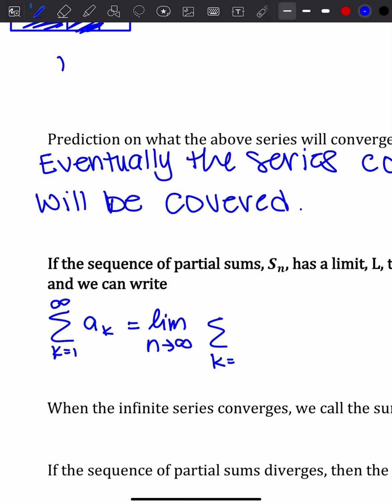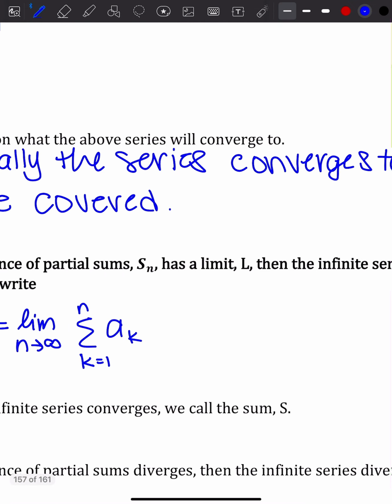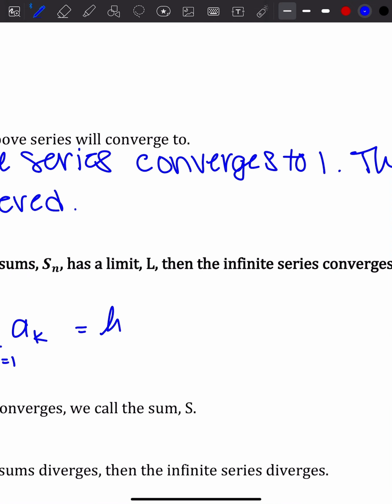So as we look at those infinite terms of our sequence, this is going to be the same thing as the limit as we approach infinite terms in our series. So as we add up all of those infinite terms of our sequence, it's the same thing as looking at the limit of our partial sums. So all of our different partial sums, and that's eventually going to give us an answer L, and that is what we call our sum. Like, this is our sum. So whatever we get for this limit, it's going to equal this very specific value.